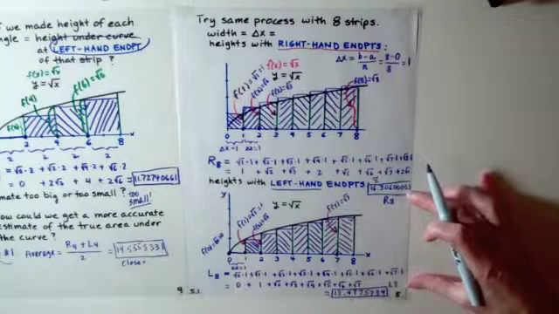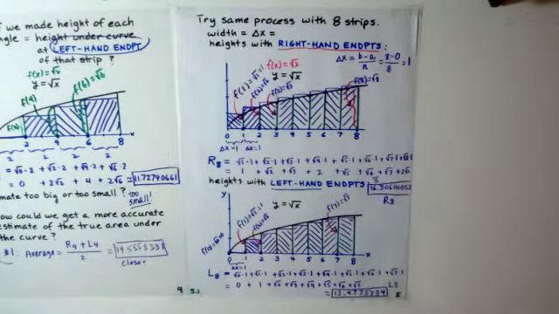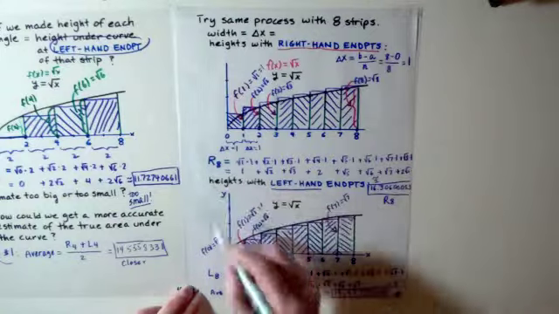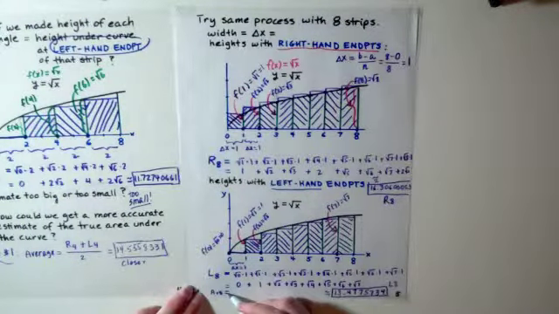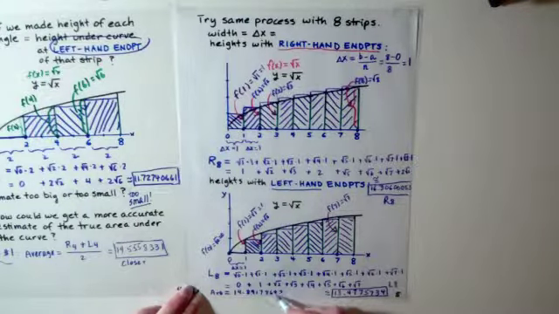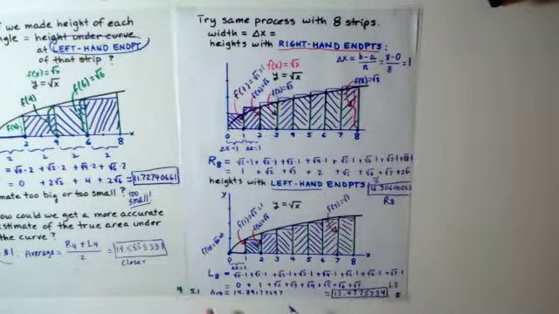And of course, if we averaged these two, you would get something that's even closer. I think I did that. The average of L8 and R8 turns out to be, just for your information, 14.89178697 if you want all of the digits on my calculator.